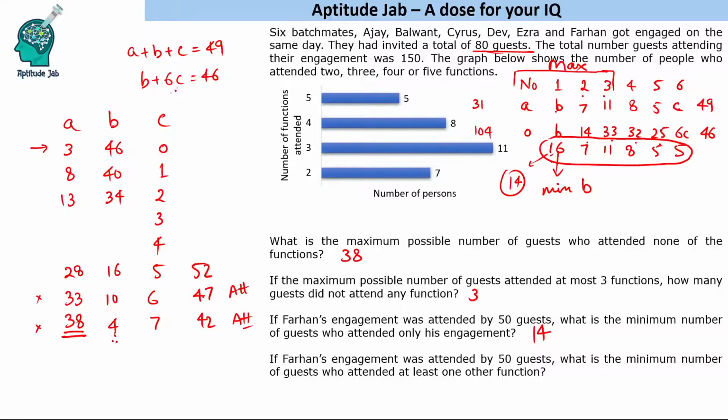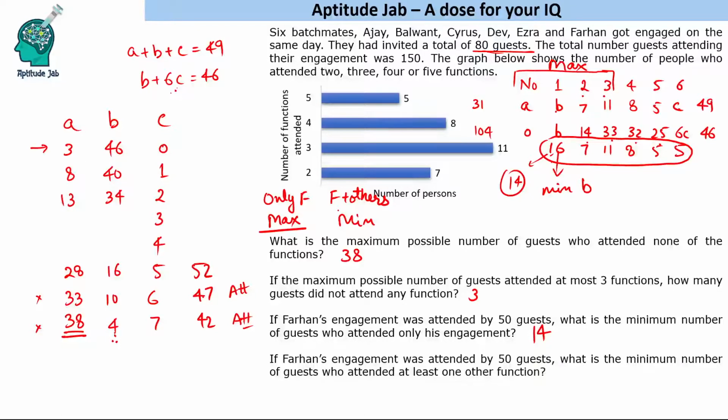So see, if we talk about only Farhan, there will be only Farhan, and then there is Farhan plus others. That could be one other function, two other functions, and so on. So we have to find the minimum of this. Only Farhan should be maximum.